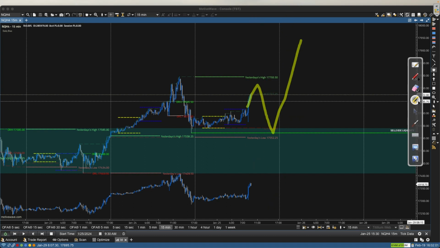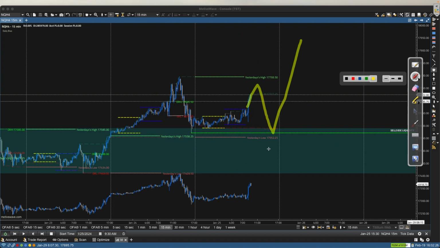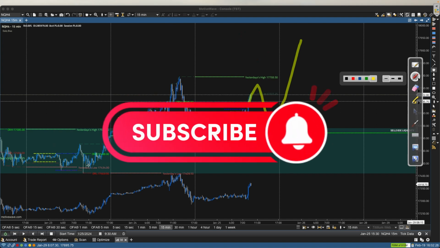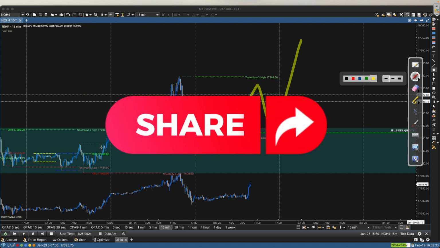I'm not pretty sure about that, obviously, but generally price tends to retest the supply or the demand zone that made a huge impulse, above all if we speak about a higher time frame. Maybe not today, maybe not now, maybe tomorrow, maybe next week, but this is a zone that price probably is going to retest.